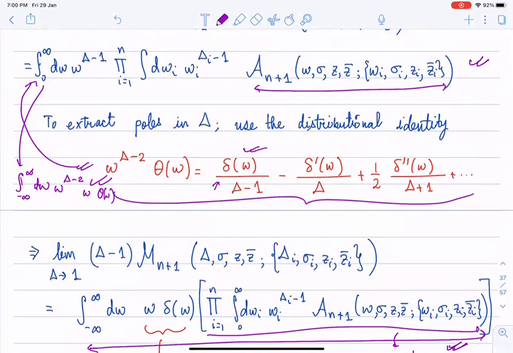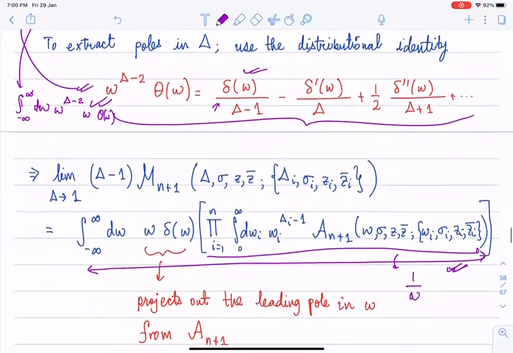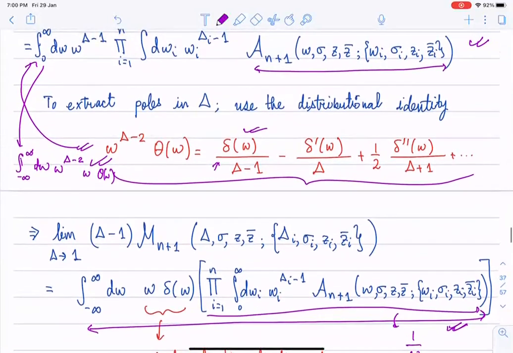I see. No, I was thinking that if it is there, then you have to account for that also when you take the delta going to 1 limit. I mean, delta prime omega, you would have to multiply by omega, and then again the next step that you did in the process. Yeah, I thought that would also have to be done, right? Yes.